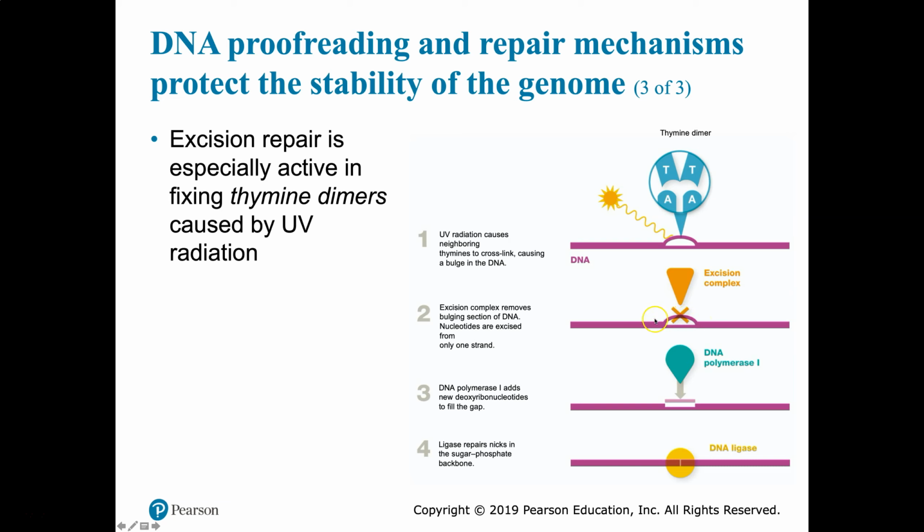It gets stuck in front of it. So the excision complex will chop that region out, and then another polymerase will come in and fix it, put in the correct nucleotides, and then an enzyme called ligase will tie it all back together, and you get one continuous strand.